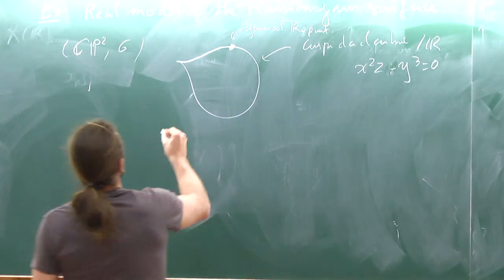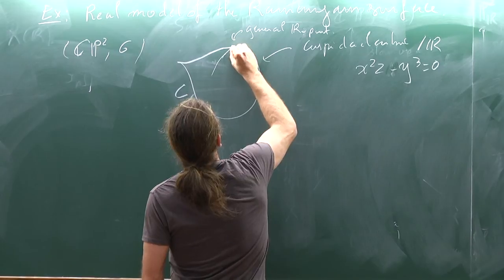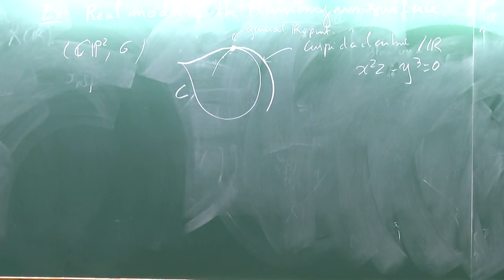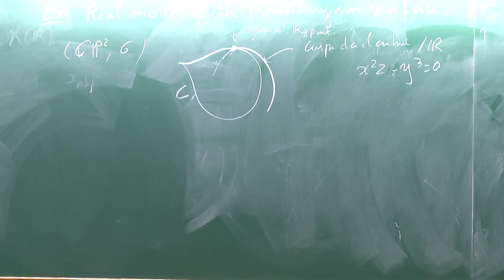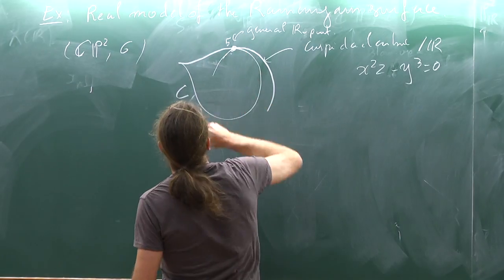So that's my cuspidal curve, and I'm taking the osculating conic. This is the conic which is the most tangent possible to C at that point. And the intersection multiplicity here will be 5.